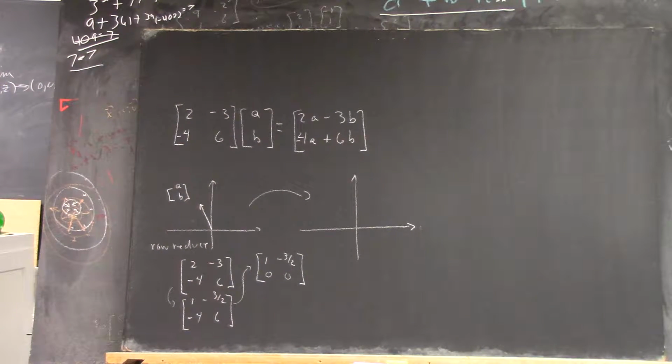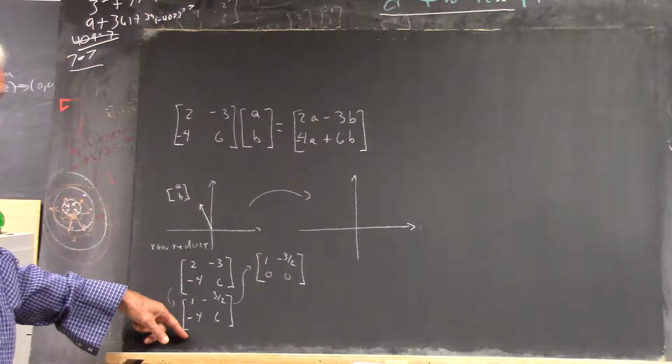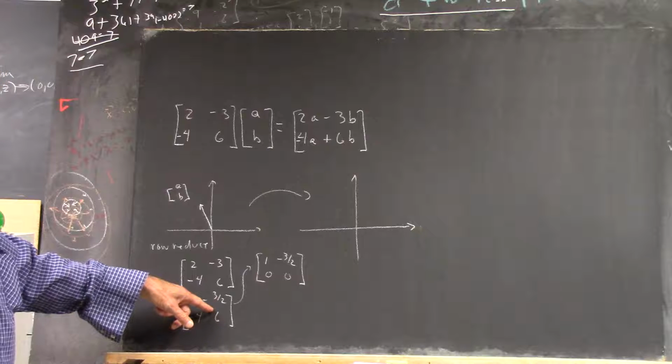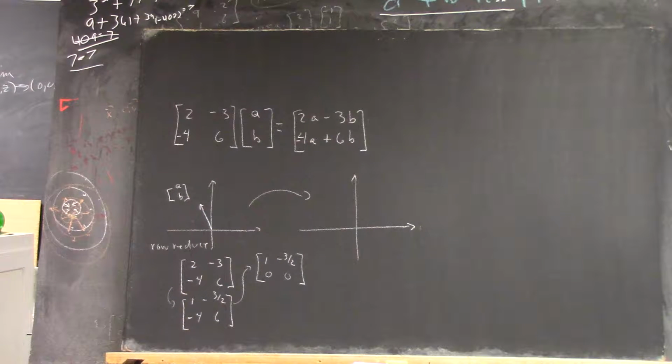Because 4 times 1 is 4, and 4 minus 4 is 0. 4 times -3 halves is -6, and -6 plus 6 is 0, right?